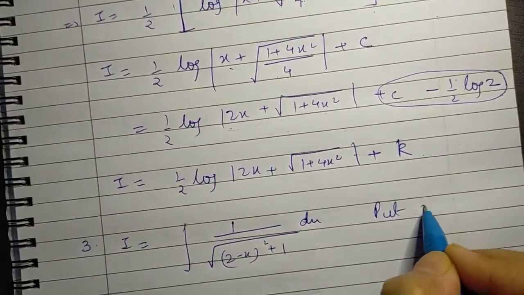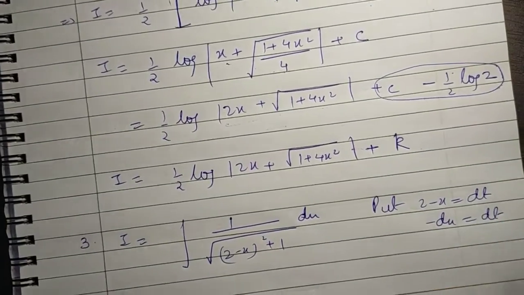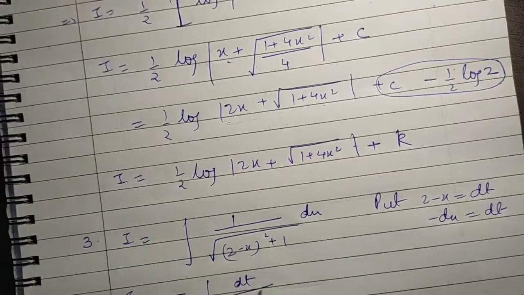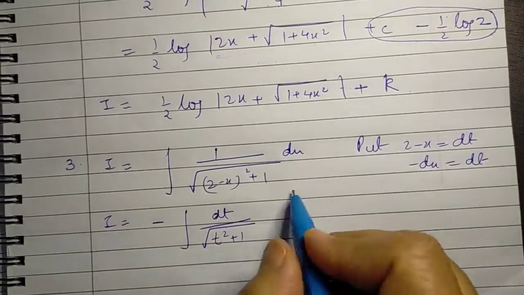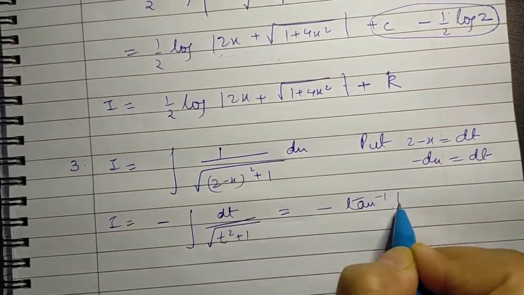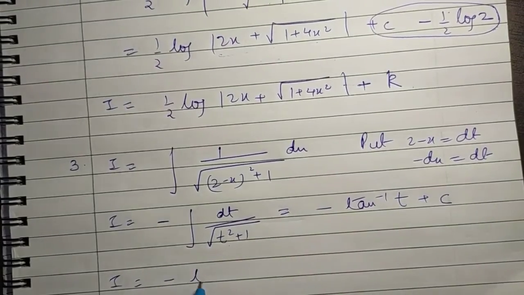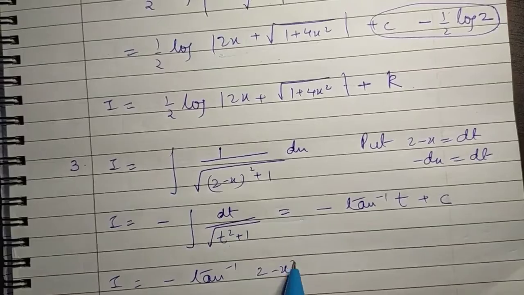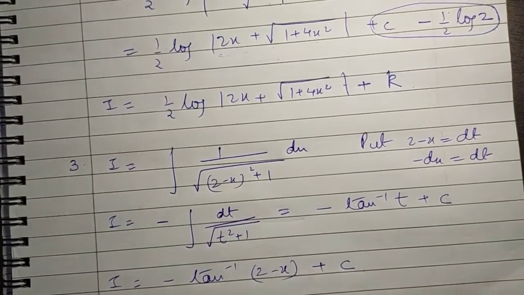Put 2 minus x as t, minus dx is dt, and so I comes out to be minus of dt over t squared plus 1, and directly you get the answer as minus of again tan inverse t plus c, and this comes out to be minus tan inverse of 2 minus x plus a constant.